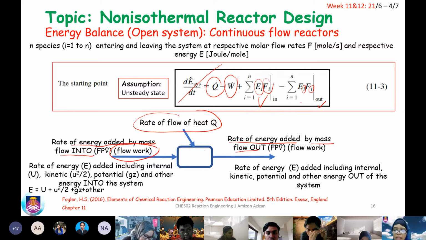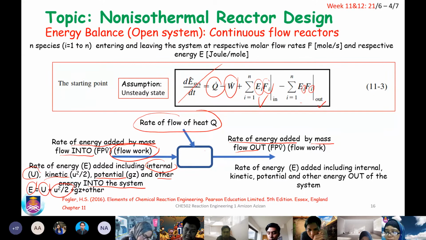Then the energy can also be defined as the internal energy U, or kinetic energy, or potential energy, or other energy into the system. So if you write the energy, it's simply the internal plus the kinetic energy plus the potential energy and others.